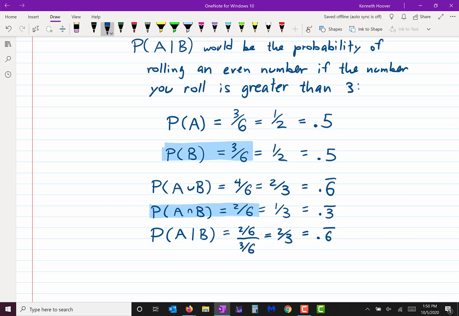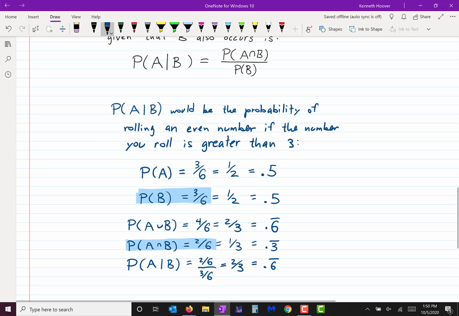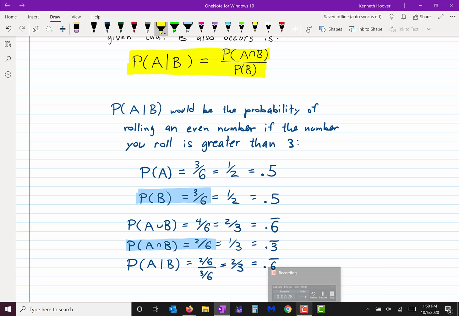So it's easier to just follow this formula and just say, here it is again, the probability of A given B equals the probability of their intersection divided by the probability of B. Okay? Now, what I just highlighted there in yellow, of course, that also leads to something else.